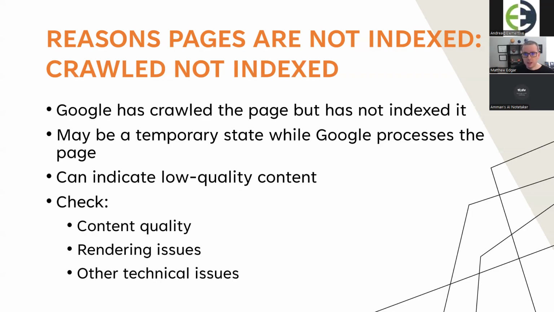Sometimes this happens too, not so much with problems with the content, but Google's inability to see the content. So if your content is loaded by JavaScript code, you have a very dynamic website, well, maybe Google can't render that content, right? They can't execute that JavaScript. So they're not seeing any content on here, and things are going to end up in this category instead.